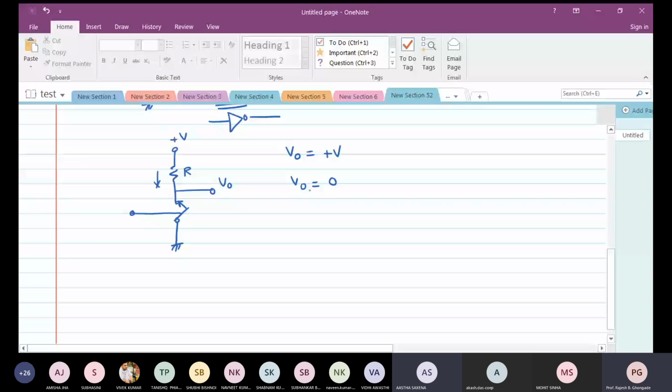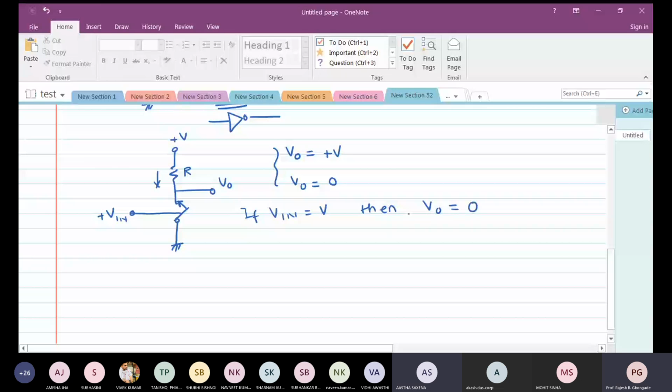Now, if I make the arrangement such that when I apply some positive voltage over here, then only this switch will be closed. So V in, I call this. If V in is V or whatever voltage, then V out is 0.